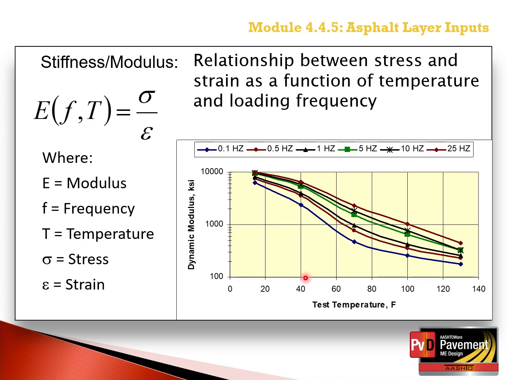This chart illustrates the stiffness of an asphalt mixture as a function of temperature. Dynamic modulus as a function of temperature illustrates the temperature susceptibility of different mixtures, as well as loading frequency.